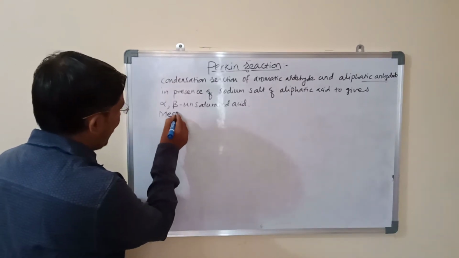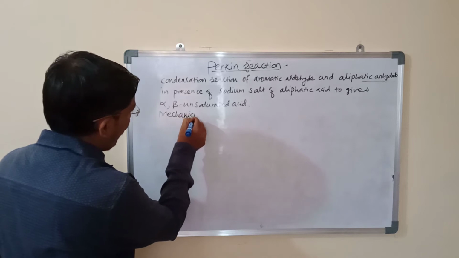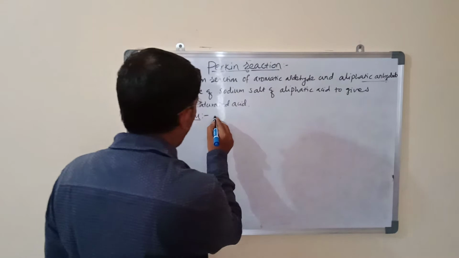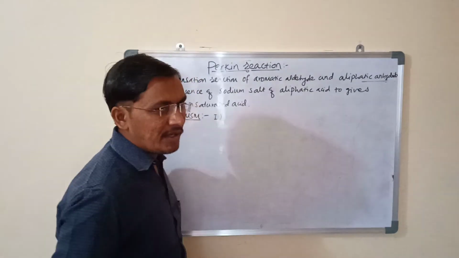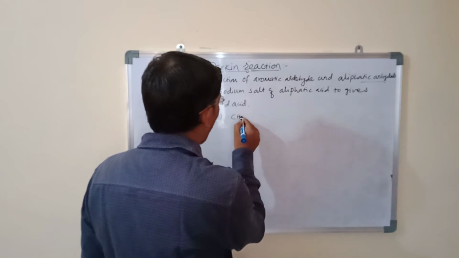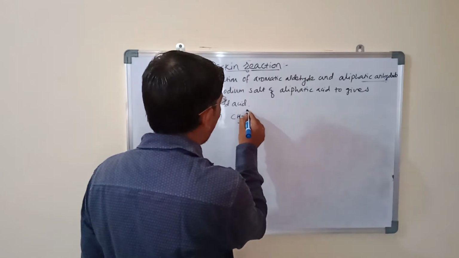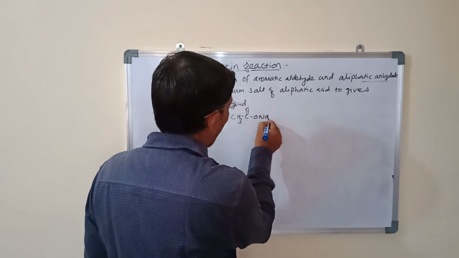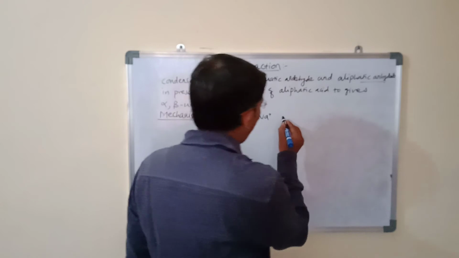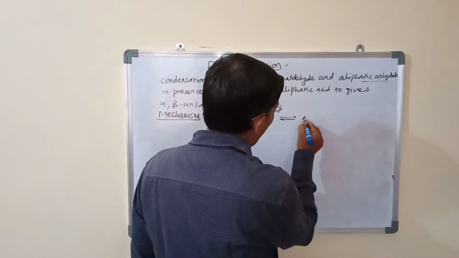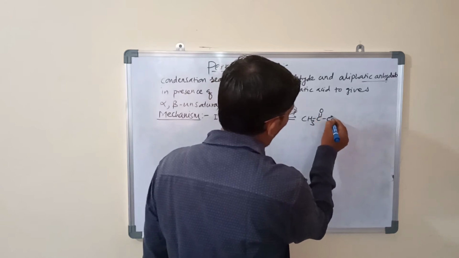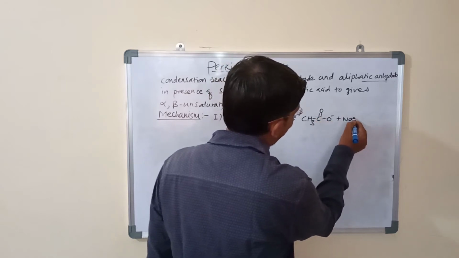In the mechanism, the first step is here. Initially, the sodium salt of acetic acid, CH3COONa, undergoes dissociation to form CH3COO minus and Na plus.